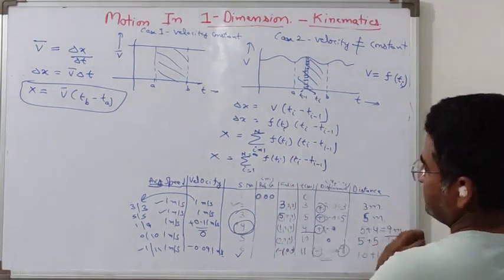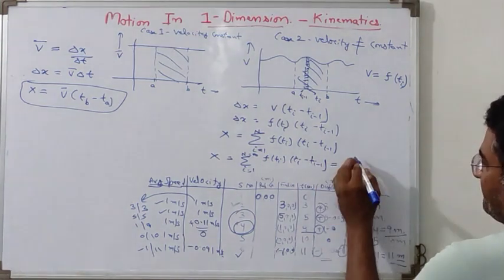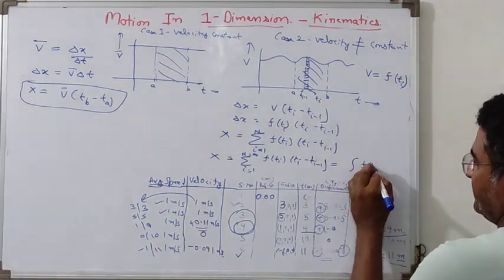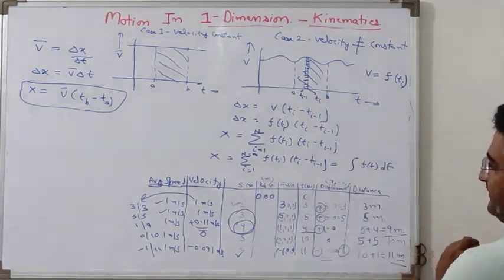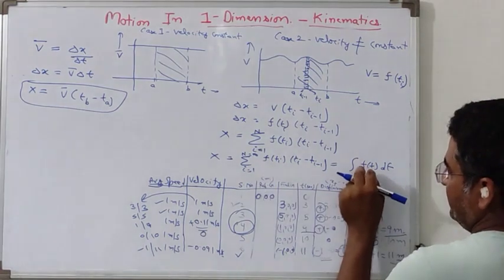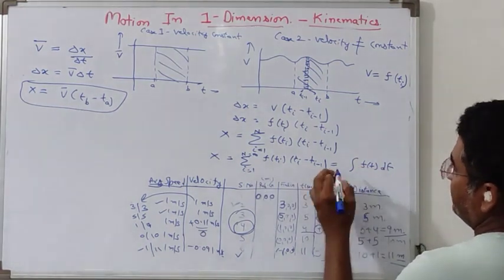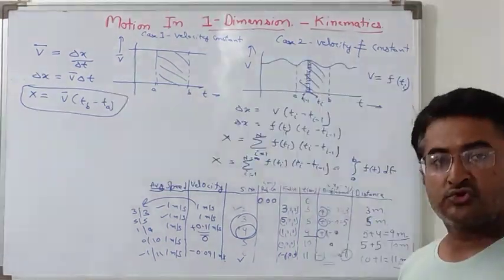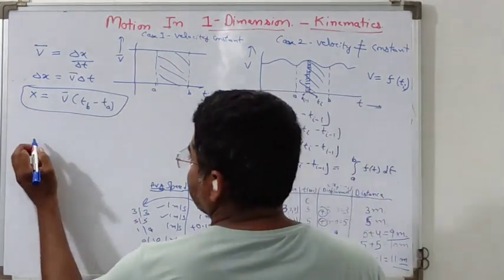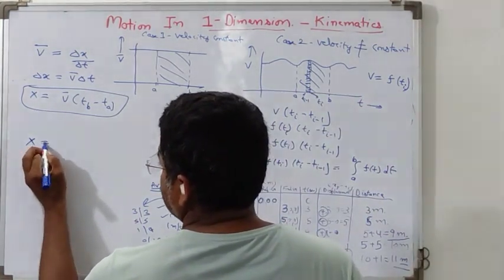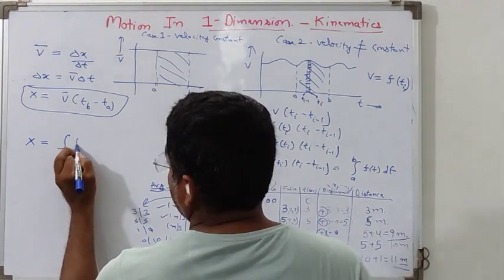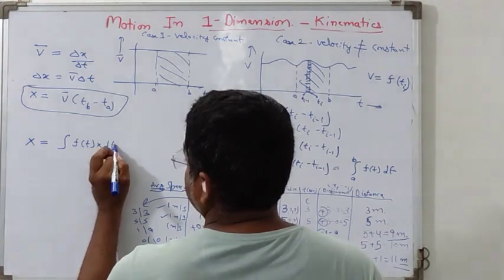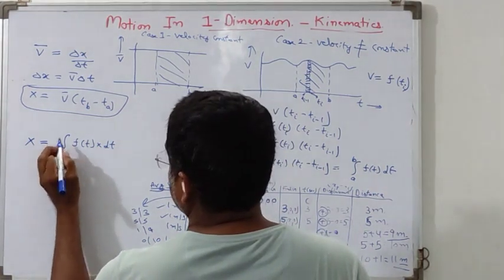So we can say that the summation from i is equal to 1 to n tending to infinity of f(ti) into (ti minus ti minus 1) can be written as the integral of f(t) dt. We can do it between the limits, so we can say that the total displacement, that is area under the curve, is the integral of f(t) dt between the limits a to b.